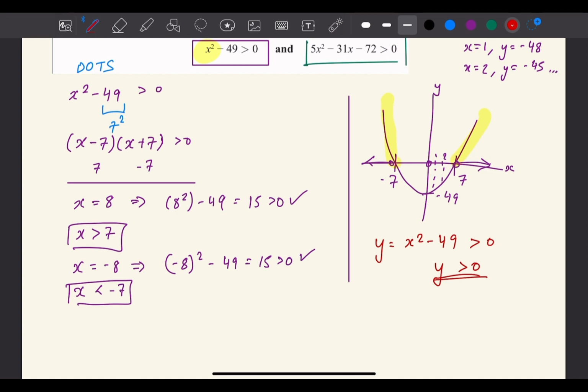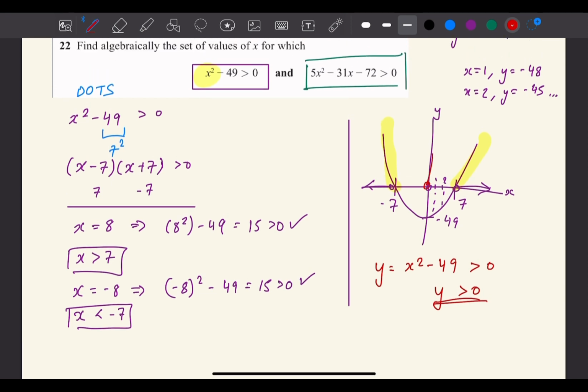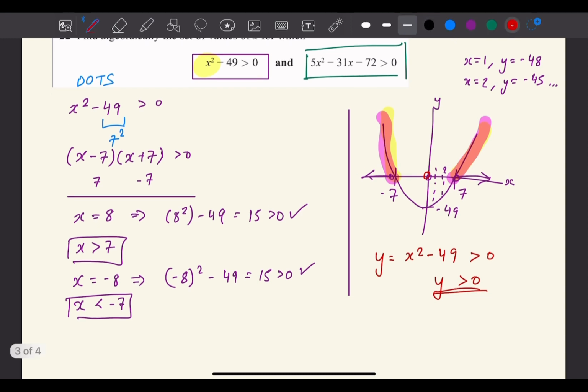And basically y is greater than 0, i.e. anything above this line, y is greater than 0 at these points in the graph. Over here and over here. That's where y is greater than 0. And at those points, x is greater than 7 and x is less than minus 7.